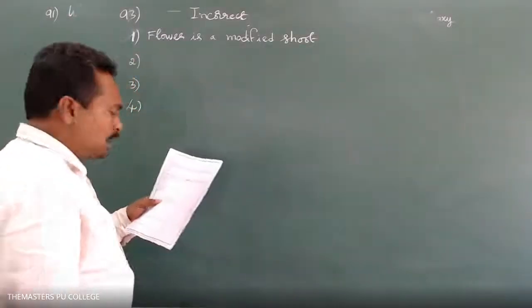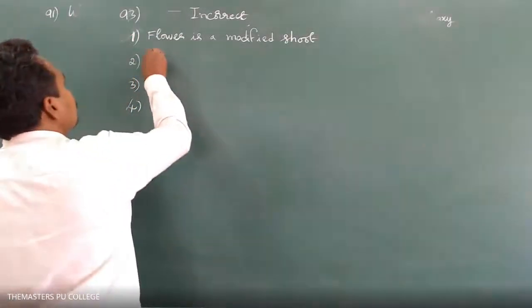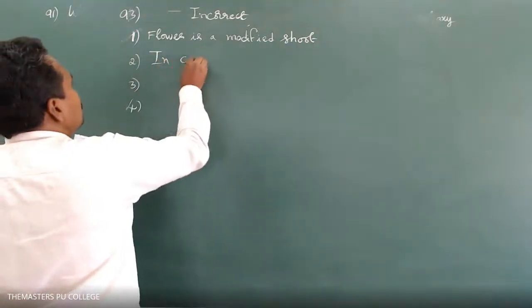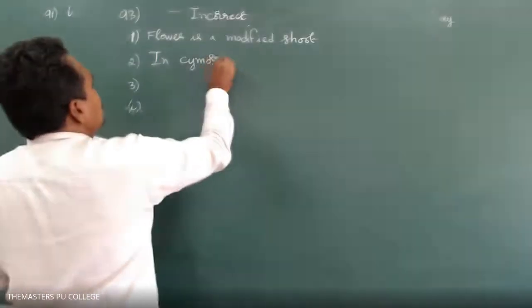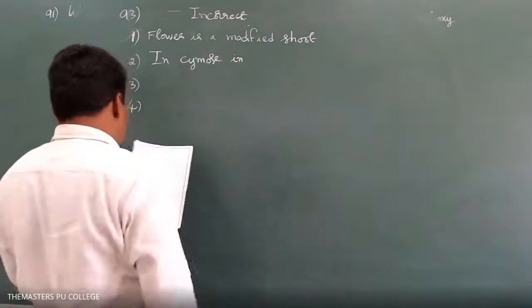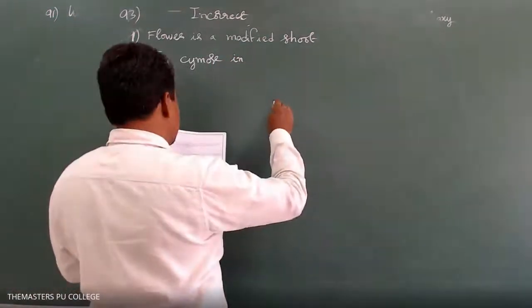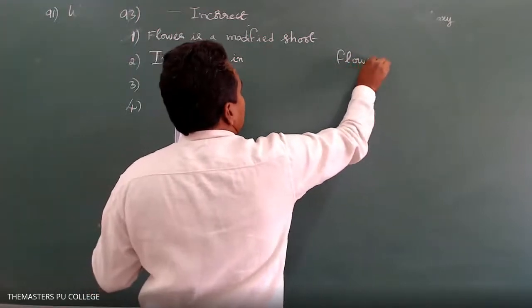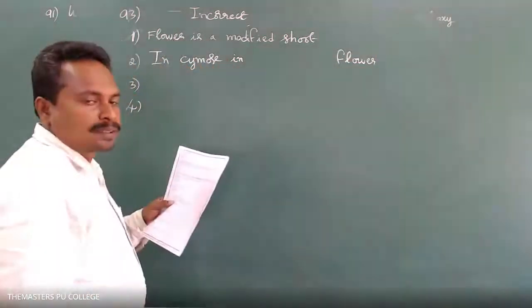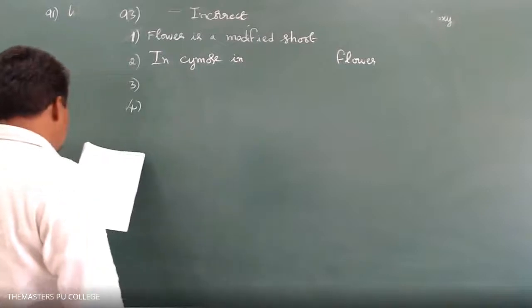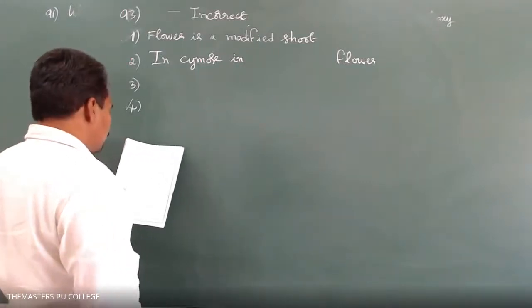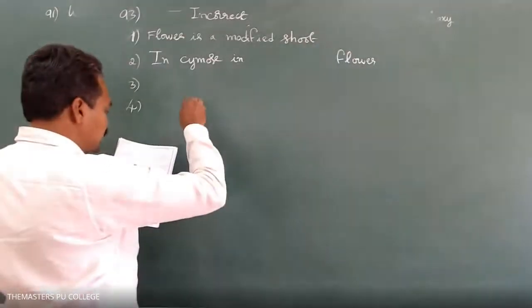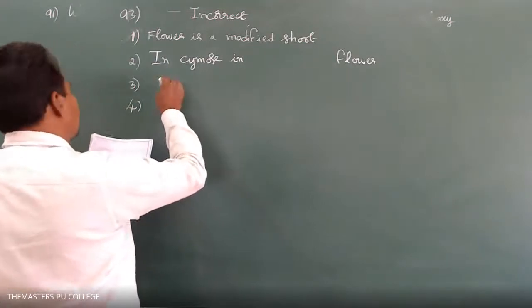Option 2: In cymose inflorescence, the main axis terminates in a flower. Option 3: Flowers are borne on successive internodes on the stems and roots.